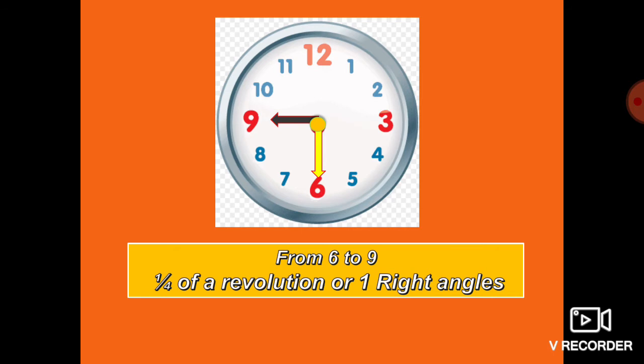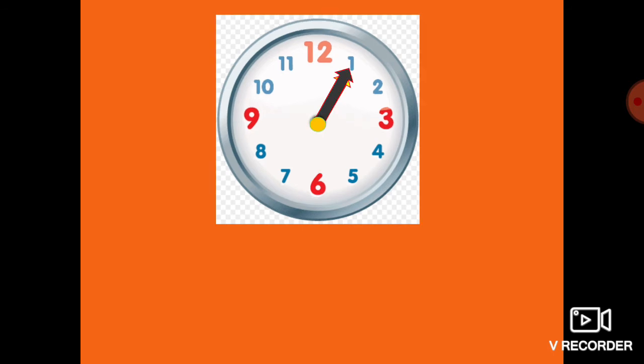So here 6 to 9 means there will be one right angle. So how many revolution? 1 by 4 of a revolution. Next here the hand starts from 1 to 10. How many numbers from 1 to 10? 2, 3, 4, 5, 6, 7, 8, 9, 10. 9 numbers are there.